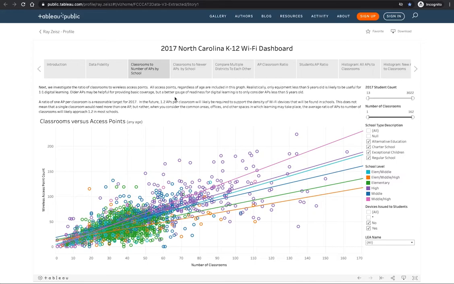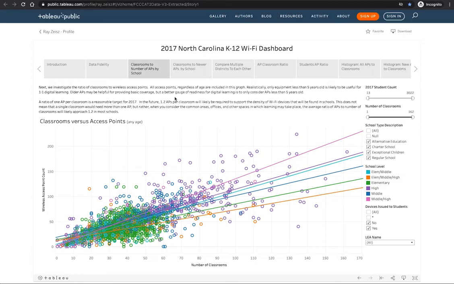And based on that, and the fact that many schools have cinder block walls and the signal doesn't travel far through cinder blocks, for the best experience, we figured we would put an access point in every classroom, or reasonably close to that. There might be some small classrooms where that doesn't make sense.